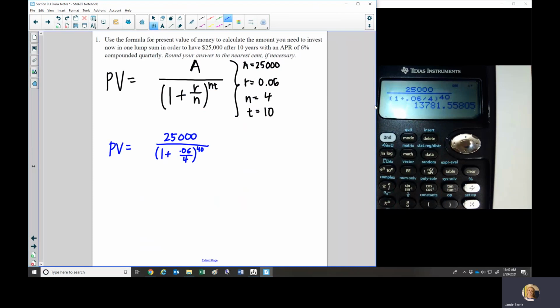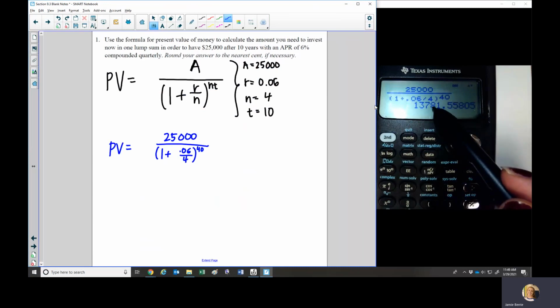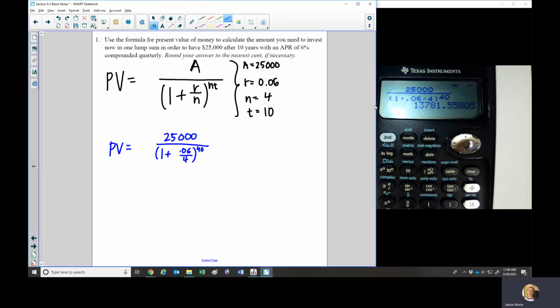That's the amount that we need to invest right now in order to have $25,000 in 10 years. So we're rounding this to the nearest cent, which means 2 decimal places. So this is going to be 13,781 and 56 cents. So the present value, the amount we need to invest right now, is 13,781 and 56 cents.